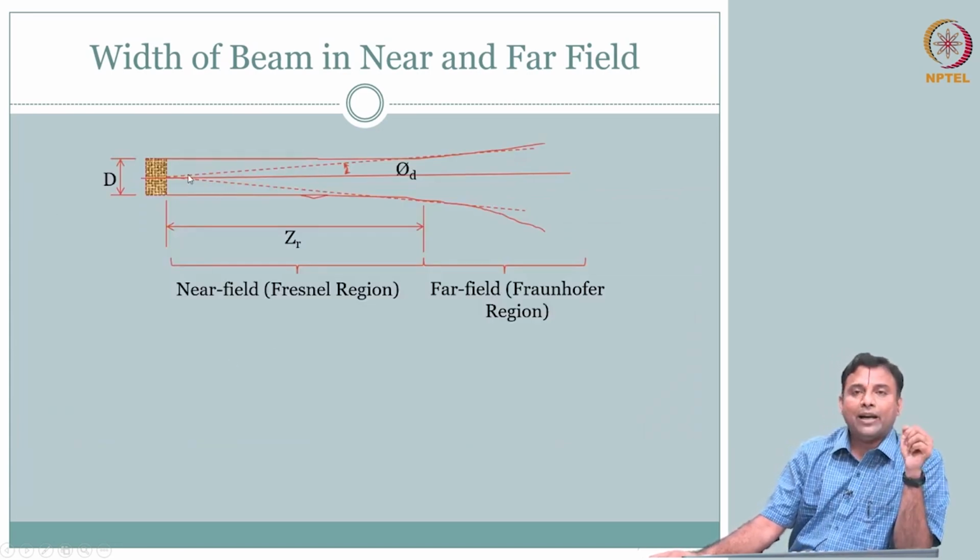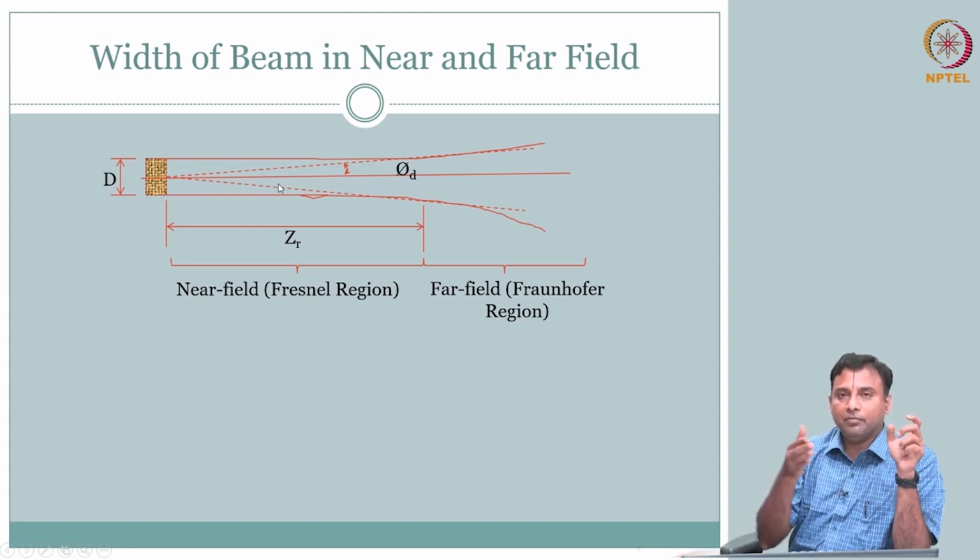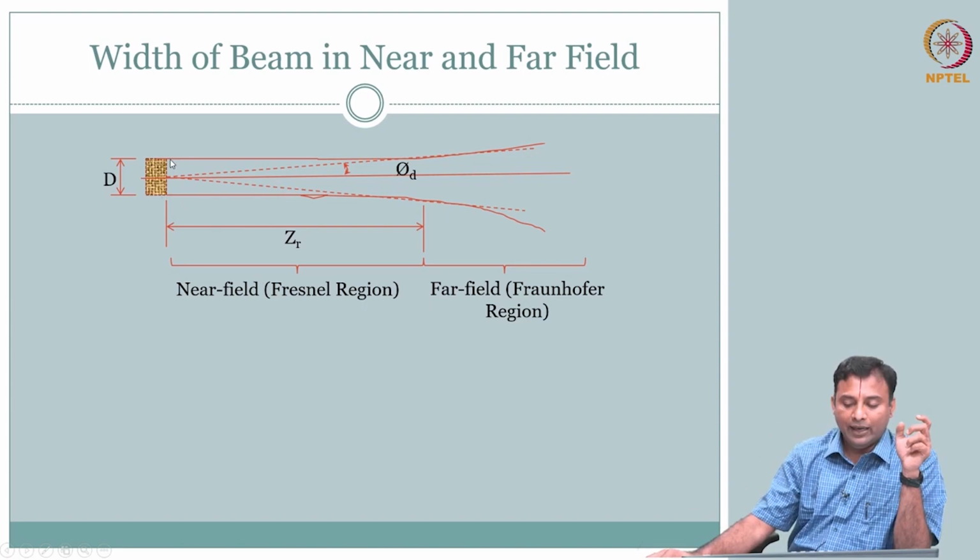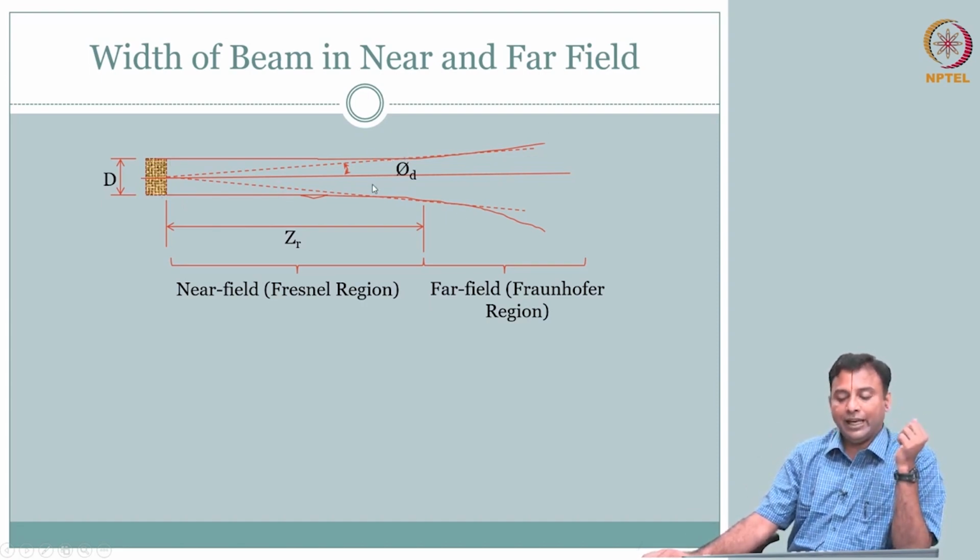We will get back to the first slide where we had a geometry, and d is the diameter of your crystal. Given shape and size, you have a beam that retains its width, same as d, until a certain point. After that it diverges, and we can calculate phi d. Based on this we define a near field region and a far field region.